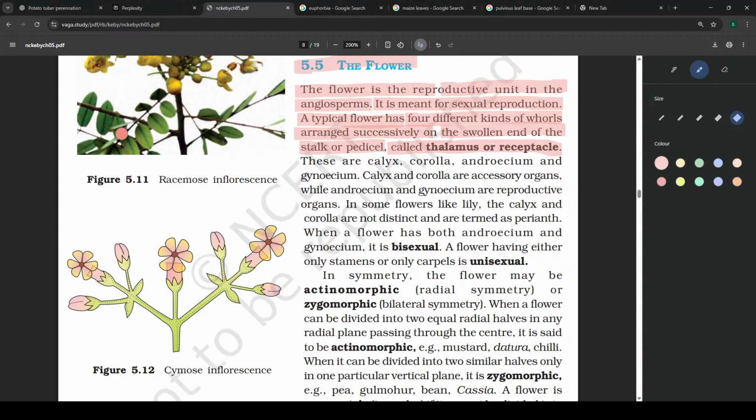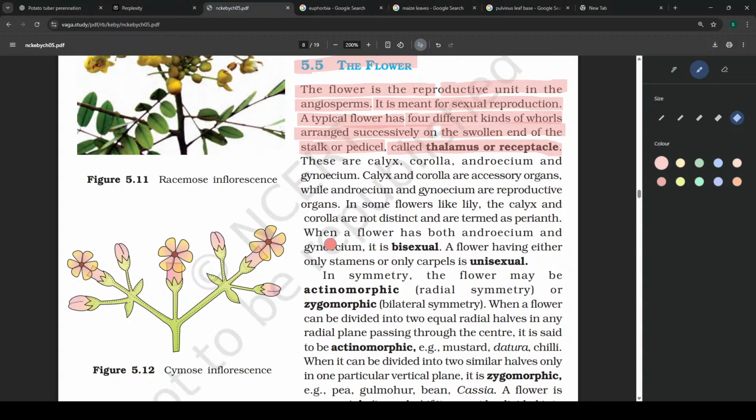The stalk of a flower is called a pedicel, and there will be a swollen end for this pedicel, which is the base of the flower. It is called the thalamus or receptacle, and the four whorls will be arranged on this thalamus or receptacle.